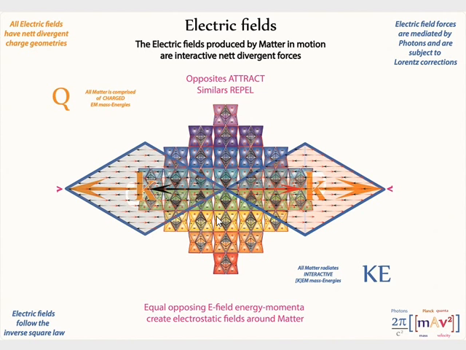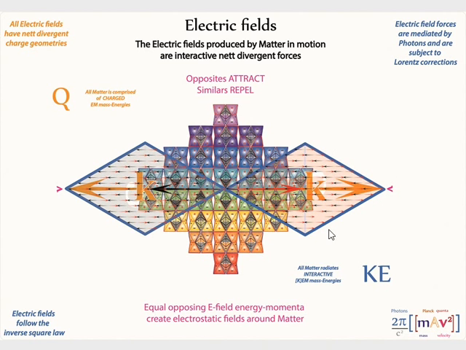In the case of blackbody radiation, it's proportional to the square of the energy levels that the particle has. So in this case, 1 squared, 2 squared, 3 squared, 4 squared, whatever the geometry of the particle and its mass energy levels will determine the strength of the energy momenta in its electric fields in its blackbody radiation. Again, it's an inverse square law, just like gravity.